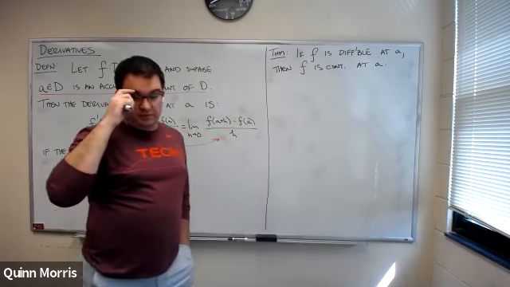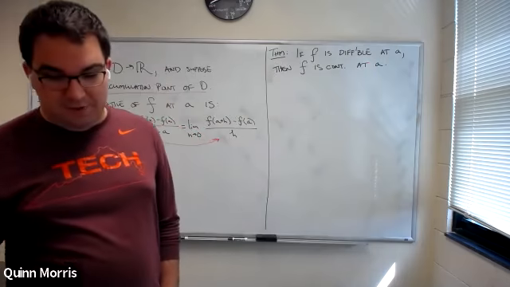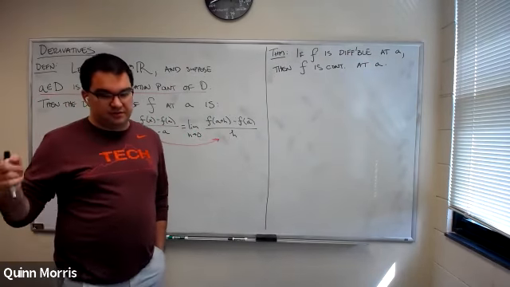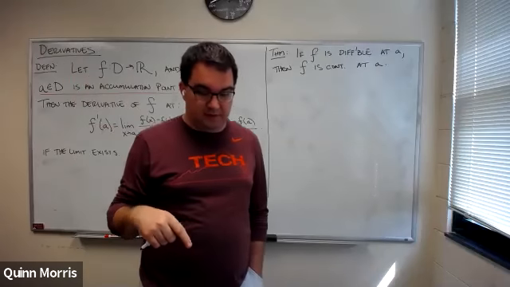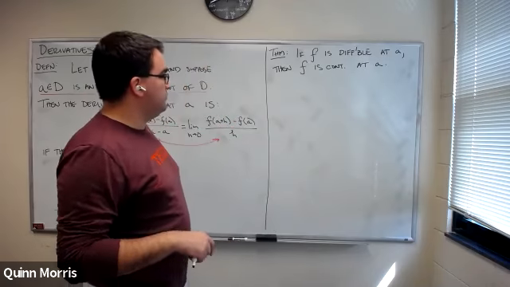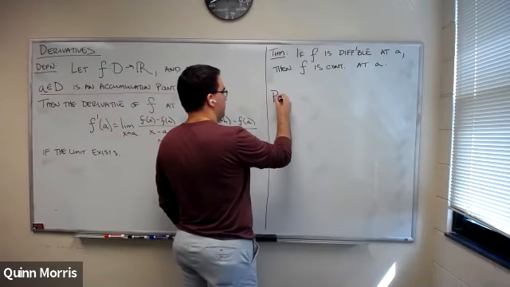Now this implication only goes one way, right? If f is differentiable at a, then f is continuous at a. But just because the function is continuous at a does not necessarily imply that the function is differentiable at that point. So how do we prove this?